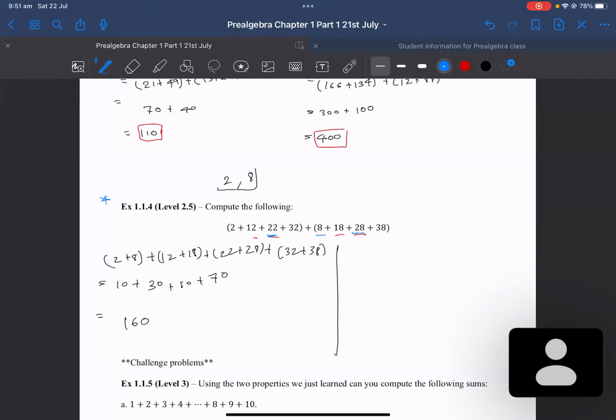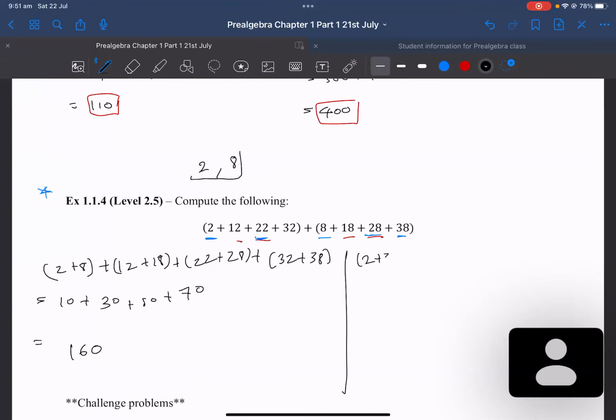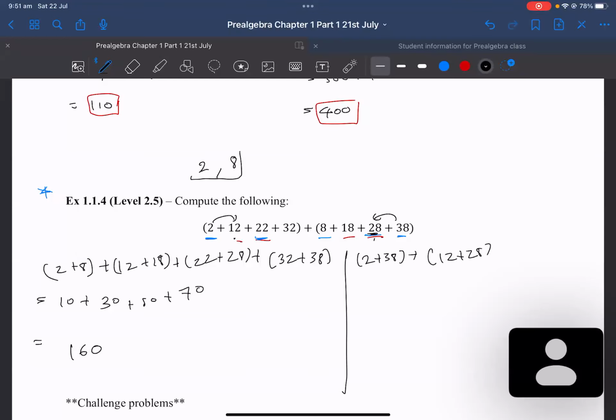Similarly, another way to approach this is to get all the pairs the same. And you can do really basic multiplication. What I'm going to do is put a 2 with a 38. This is another method to do the same question. I'm not saying your other methods are wrong. Then I pair the 12 with the 28. The easy thing about this is all the pairs add up to the same number. Because look, you're increasing by 10 here, but you're decreasing by 10 there. You're keeping all the pairs the same.